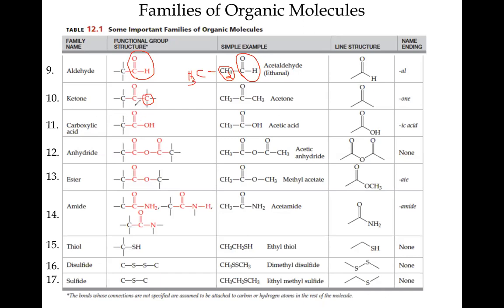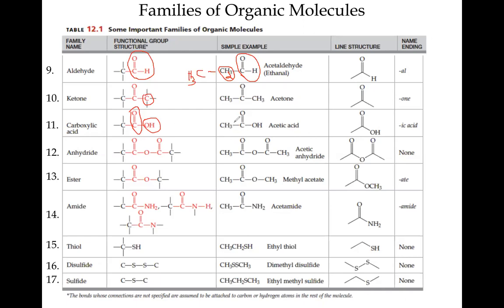Carboxylic acid, again, it's the same kind of feature with carbon double bound to oxygen, but instead of having a hydrogen or a carbon, it has a hydroxyl group. So it's bound to another oxygen, which is bound to a hydrogen. And acetic acid, which is another byproduct of fermentation, is the simplest carboxylic acid.